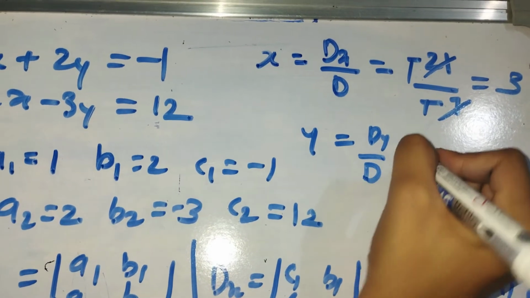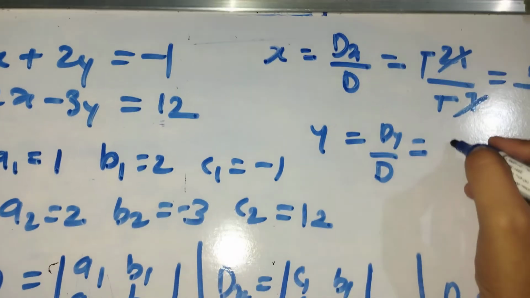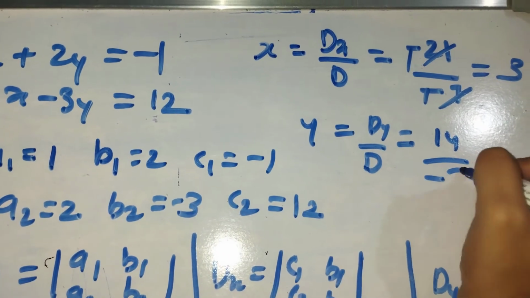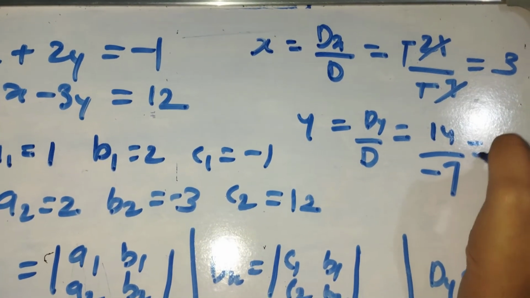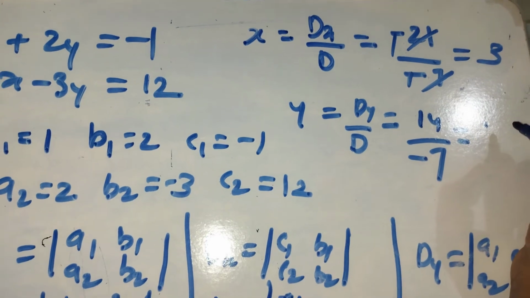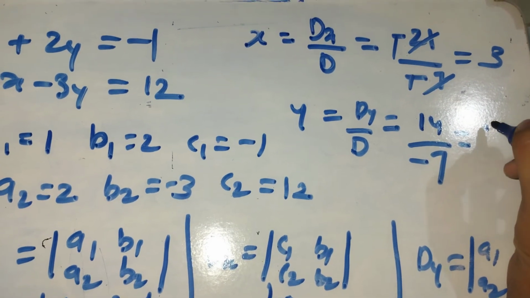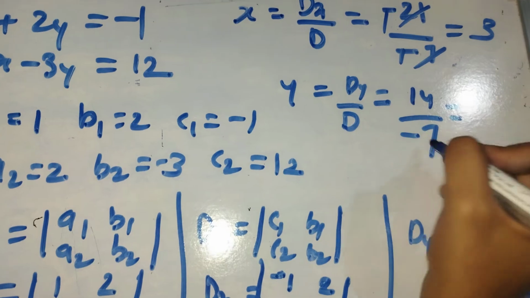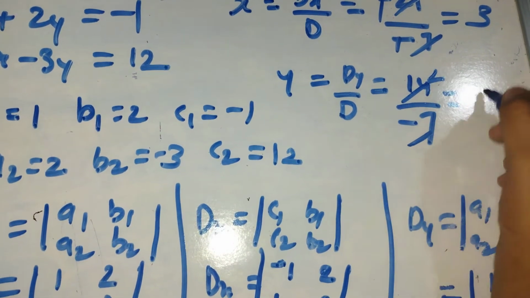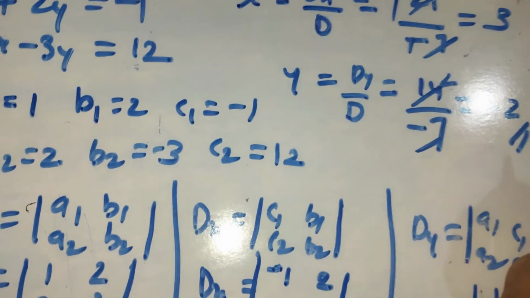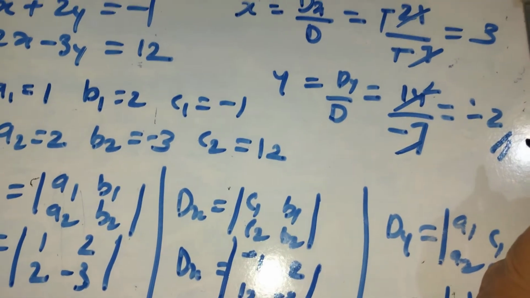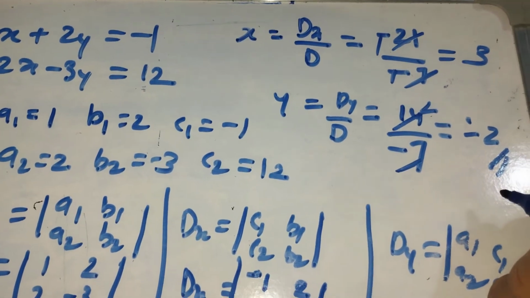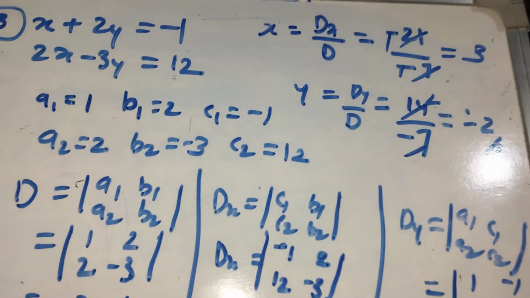So dy is your 14, and d value is your minus 7. I'm sorry, I'm lagging. Okay, 7 2s are 14, and here is your minus 2 value, which is your y value, and here is your x value. So okay, as it is.